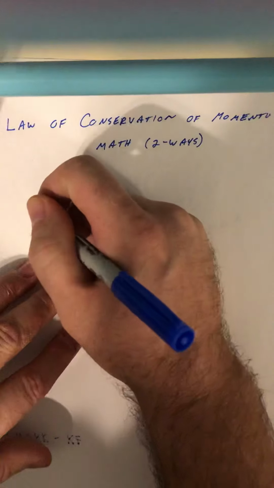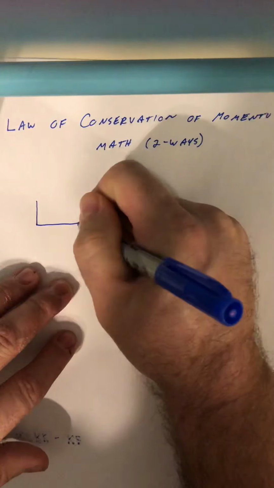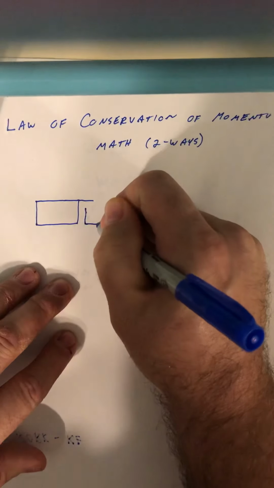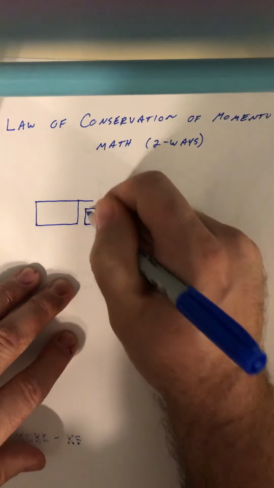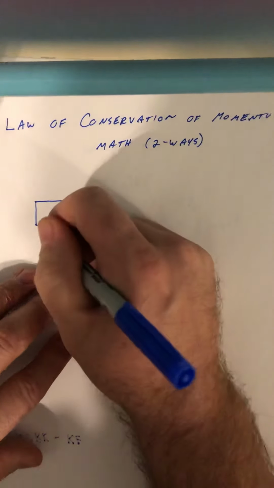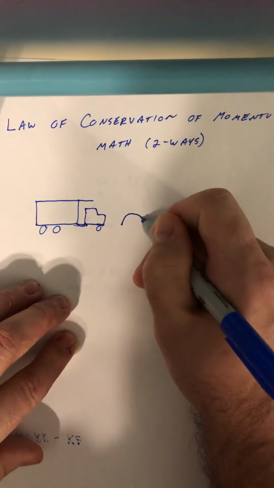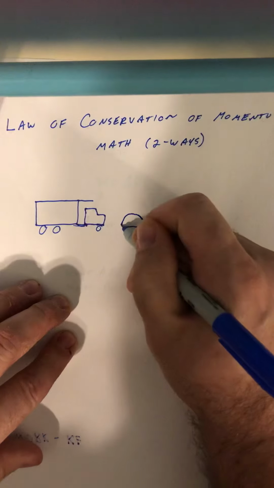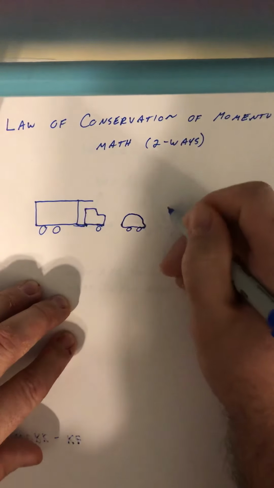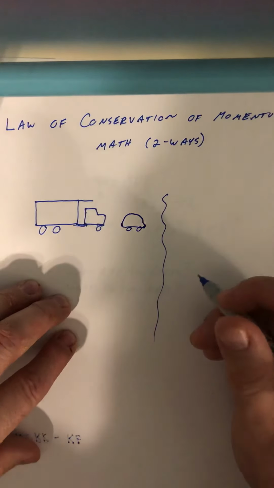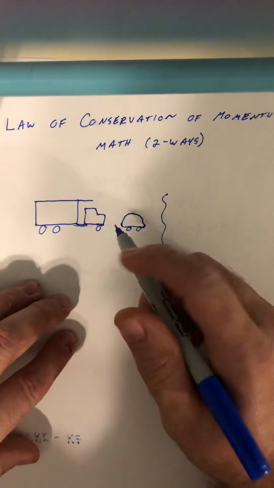So let's say that we've got two objects that are going to collide. We've got a dump truck, mind the drawings, and we've got a smart car. I wanted to pick two objects that had very different masses, and I don't know if you can really pick two objects on a road that would have two different masses as much as this.